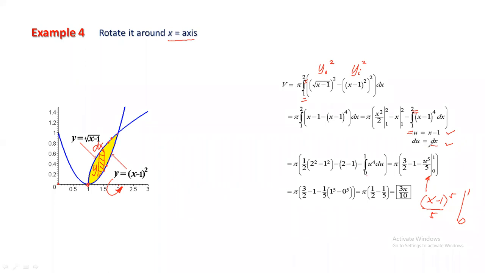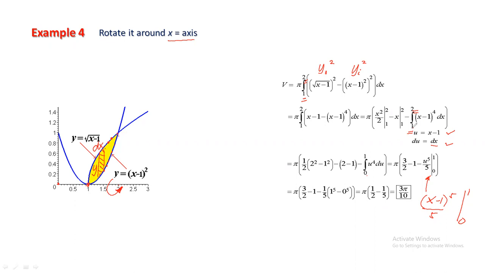And your du will not be anymore the original dx, which is this thickness, to be evaluated from 1 to 2. So the original x limits that you have here, which are 1 and 2, you subtract 1 from that because you're not using dx anymore, but you're replacing it with du.